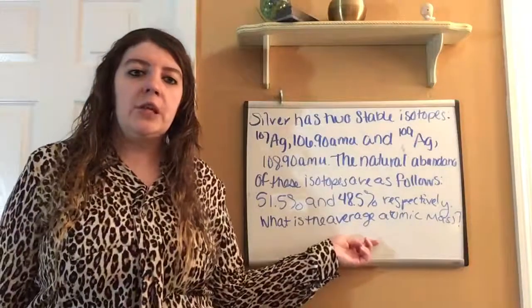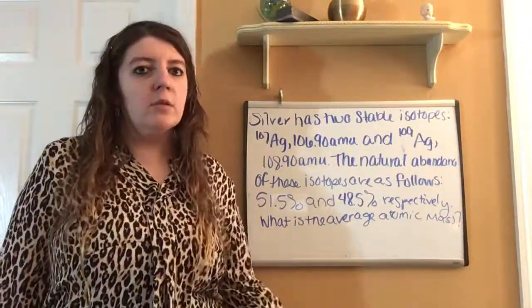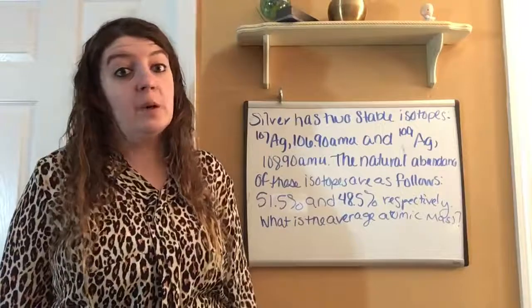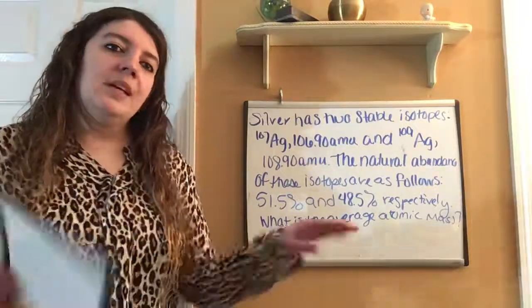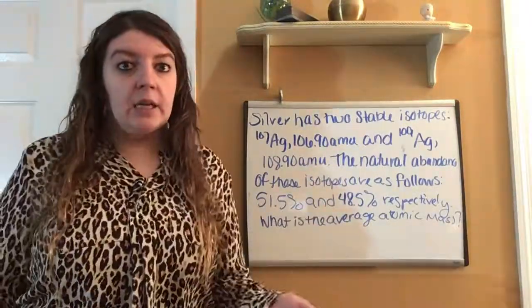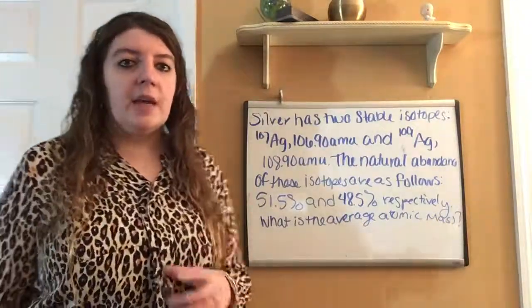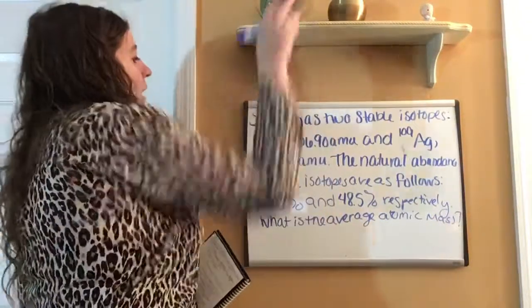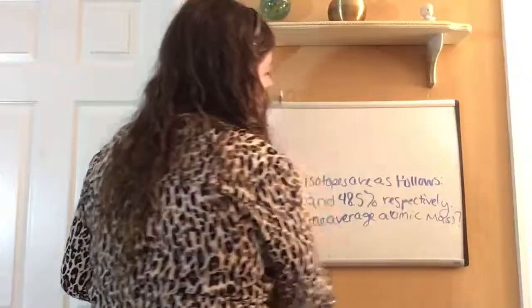Okay? So that's something that could show up on my test or my quiz. I guarantee it's probably going to show up on the quiz at least. And so what you're going to have to do here is take the information and dissect it. So I'm going to put it into my equation.